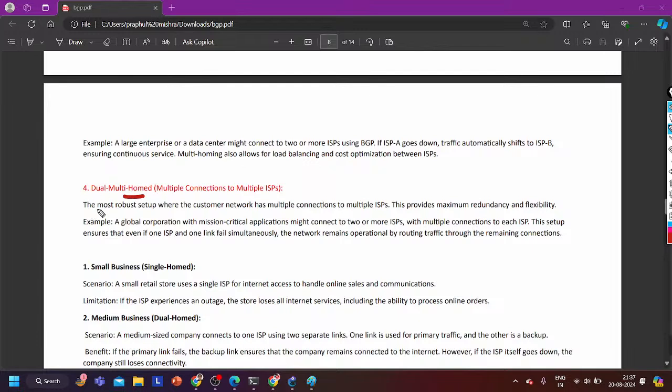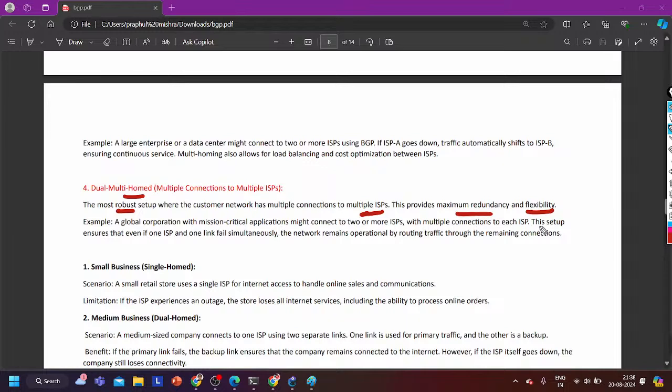In dual multi-homed, the most robust setup, the customer network has multiple connections to multiple ISPs. This provides maximum redundancy and flexibility. For example, a global corporation with a mission critical application might connect to two or more ISPs with multiple connections to each ISP.